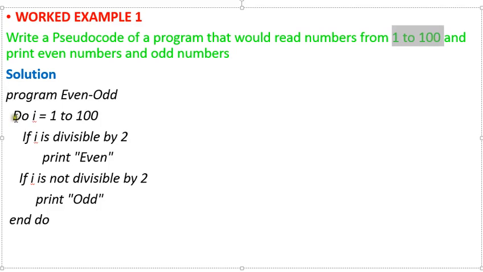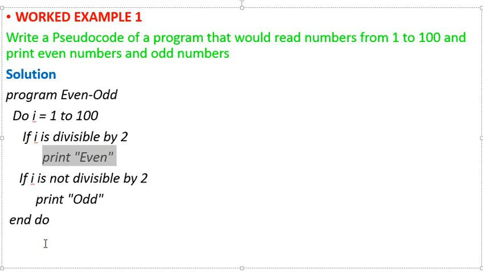So we'll now say do I. This I stands for the number of iterations. That is, you will do this from 1 to 100, that's 100 times. Then it will start reading numbers from 1 to 100. If it reads the first number, it will say if the first number taken is divisible by 2, then it will go and print even.